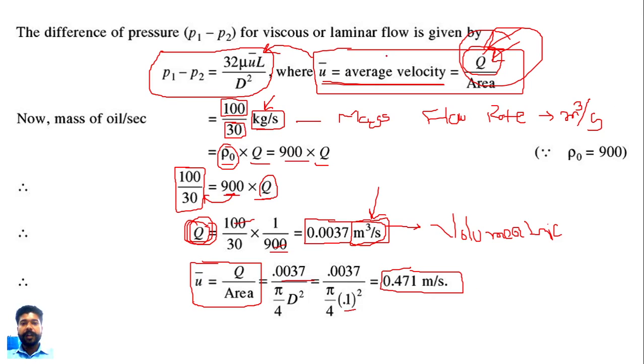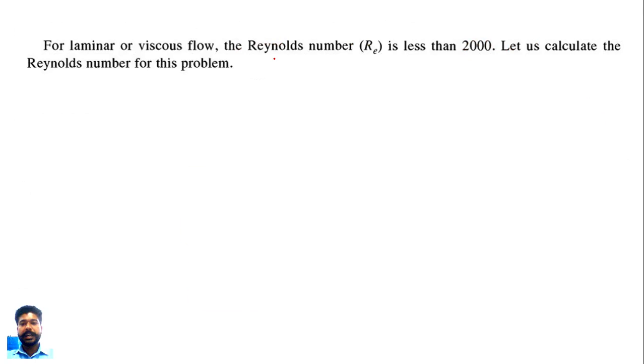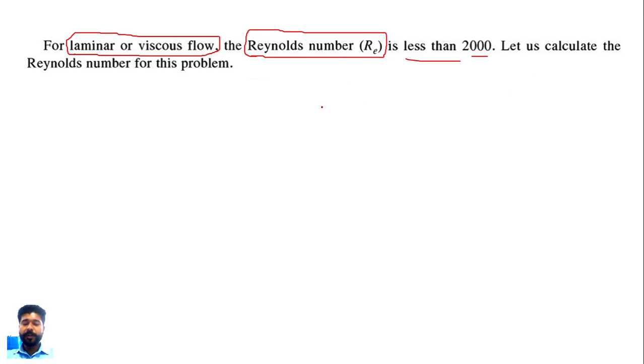Now you have this value of average velocity, so simply you can put this into the pressure drop. But before that, we need to confirm that this is laminar, viscous flow. For the confirmation, we need to find the value of the Reynolds number. If your Reynolds number is less than 2000, then and only then can we say that this flow is laminar flow.